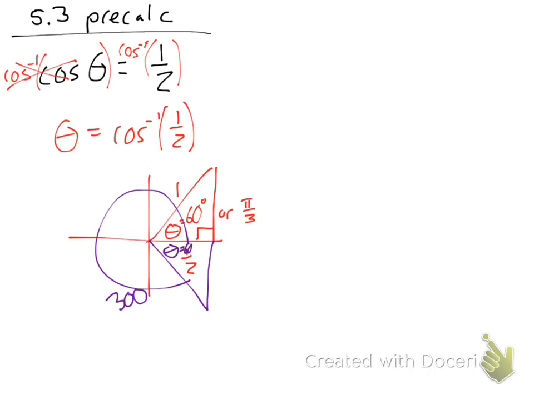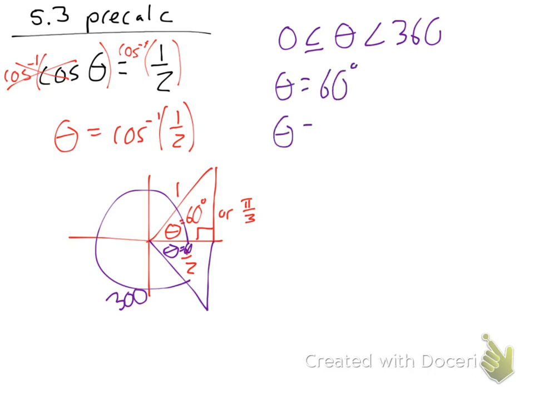But, so that means, if I was looking from 0 less than or equal to theta, which is less than 360, theta would equal 60 degrees, theta would equal 300 degrees. There are two prospective answers on 0 to 360 that if I took the cosine, I get a half.